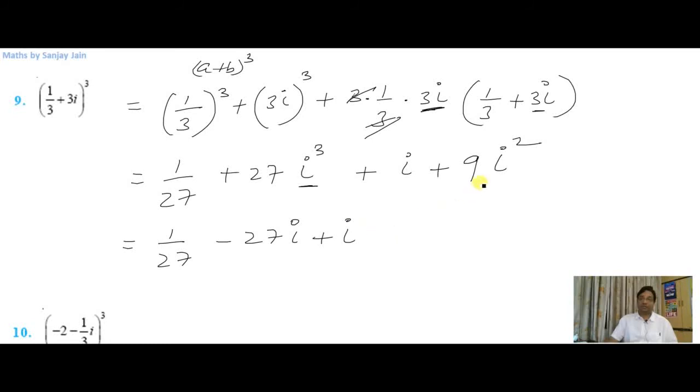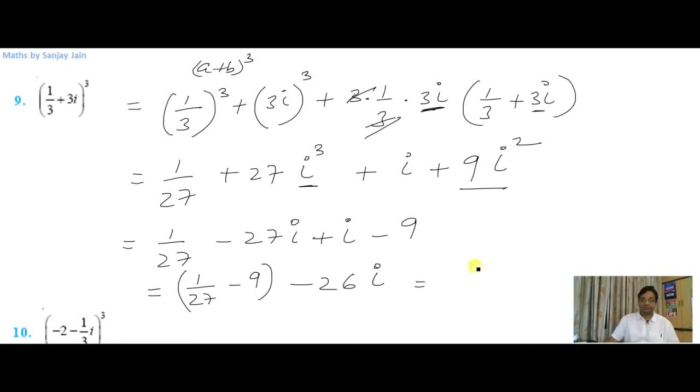This is minus 9, right? Let us separate the real part and imaginary part. So 1 by 27 minus 9, and this will be minus 27 plus 1, that is minus 26 iota.